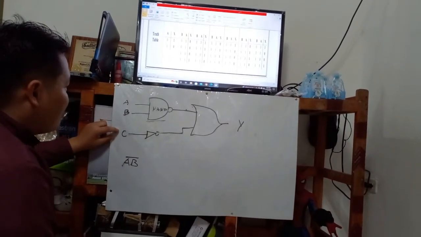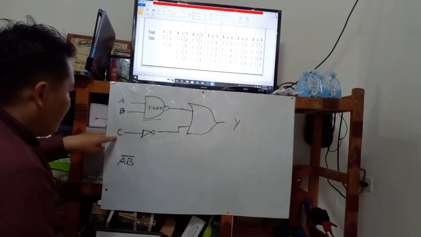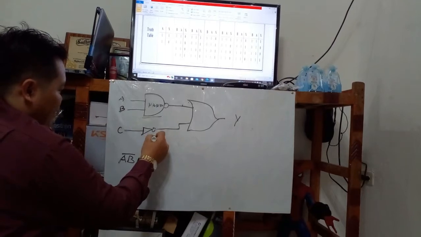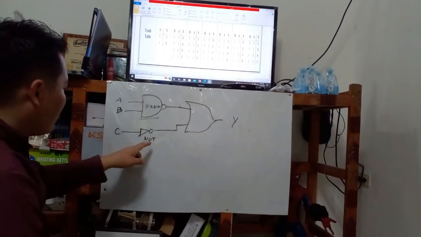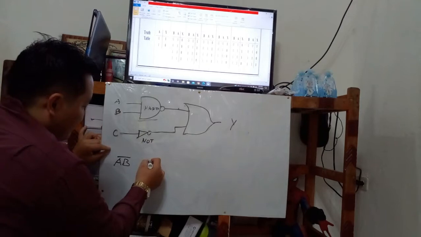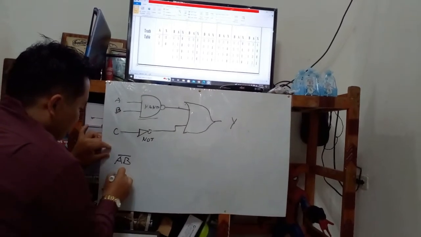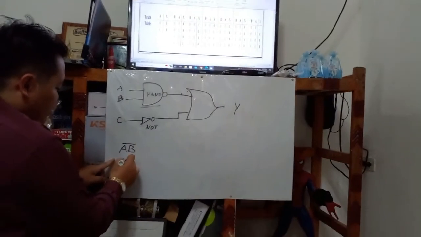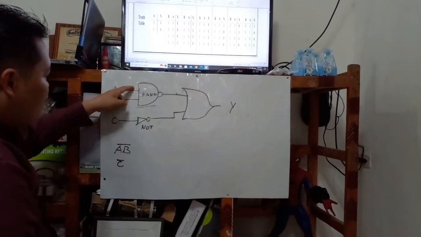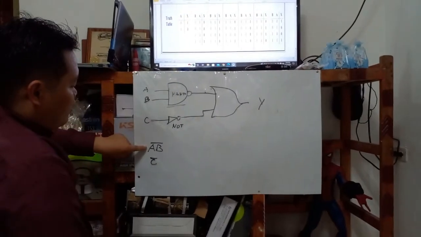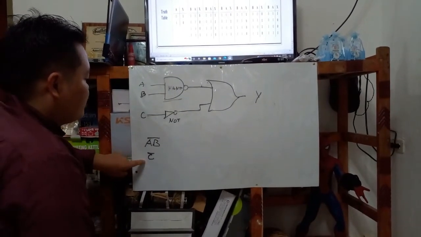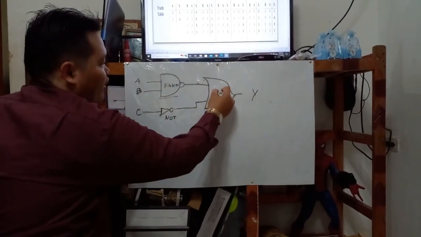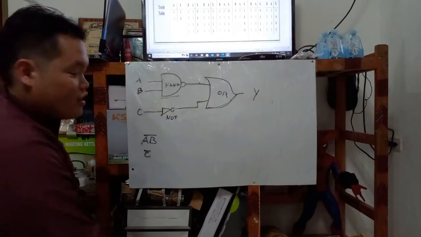Next, there is an input C, which has what symbol? This is your NOT, so we reverse it. So we have NOT C, the second input is C, and we put a bar on top. So this is your first logic, which is NOR, and the second one is your NOT. Then it goes to the final. What logic gate is that? This is OR. What operation do we use or expression?